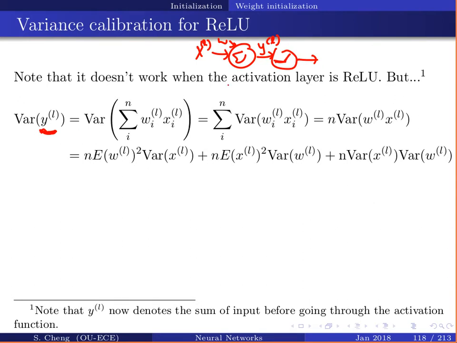Therefore, the variance of YL is just the weighted sum for XL. Then we can go through exactly the same steps, right? It's equal to this here. But now we need to be careful, because we have a different assumption.